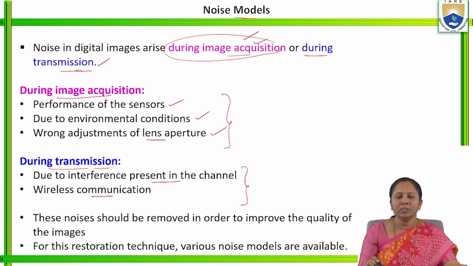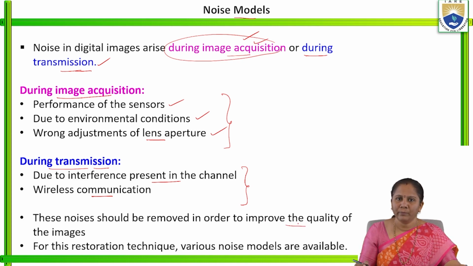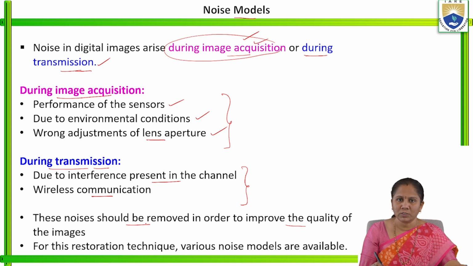So our intention is reducing that noise. So the noise can be removed. So if the noise is removed, what is the advantage? The image quality can be improved. So the quality of the images will be improved. So that is why we have to reduce the noise present in the images due to different reasons.